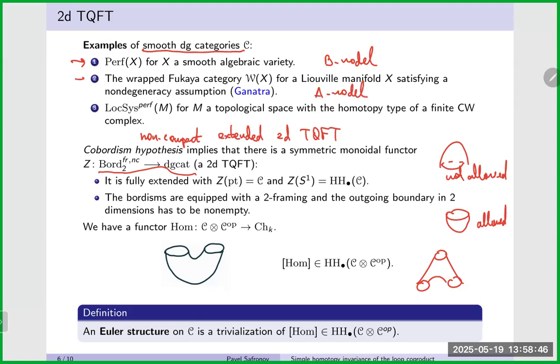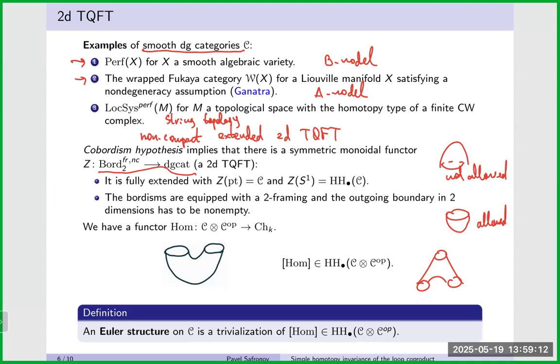And then there is the string topology setting, which is what I care about. So this one is string topology. And this is where you look at a topological space and you look at local systems. When I say local systems, I mean local systems of chain complexes.